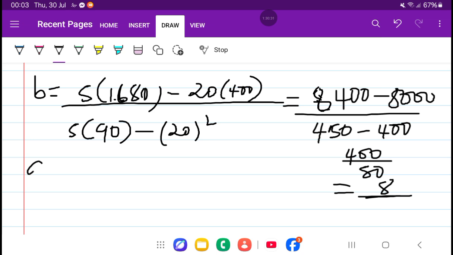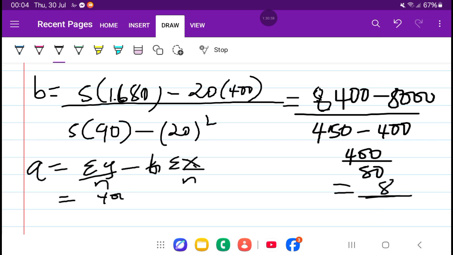Our A will be summation y over n minus b summation x over n, which is, our summation y is 400 over 5 minus 8 into summation x, 20 over 5, 20 over 4.